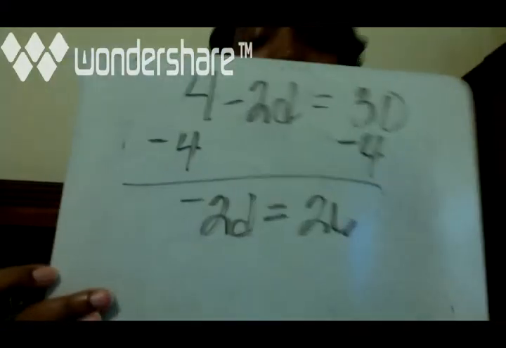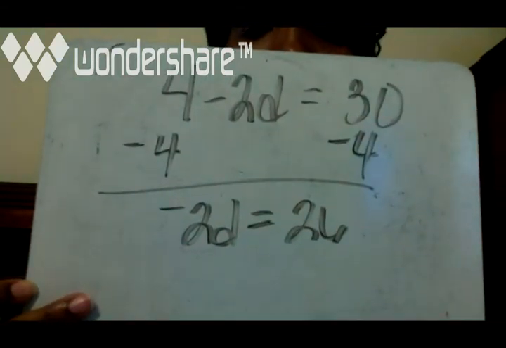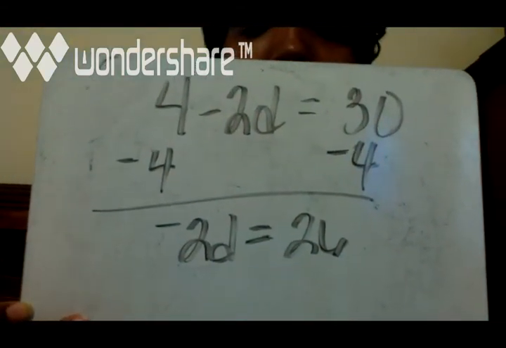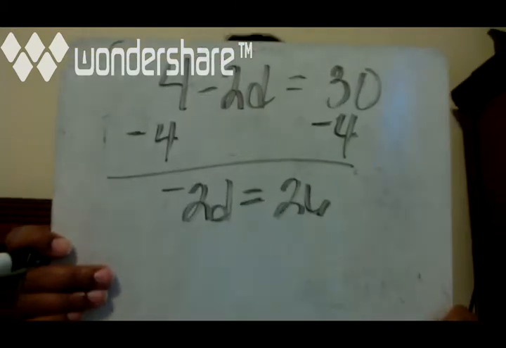Negative 2d is equal to 26. Now divide both sides by negative 2. d is negative 13.